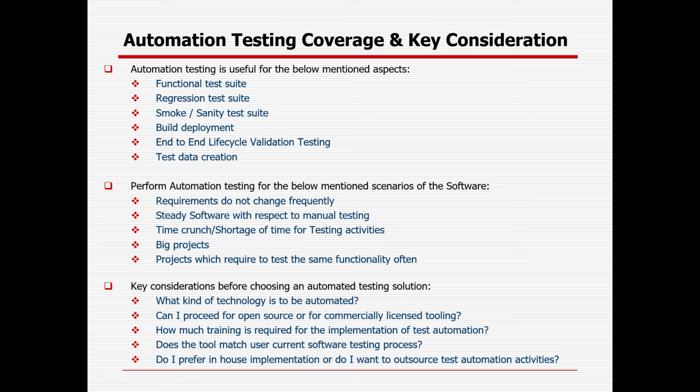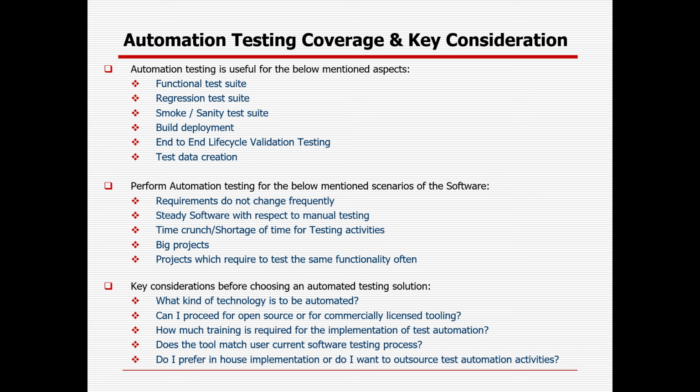And for big projects also, it is preferred to do automation testing. And for projects which require testing the same functionality often, like the smoke test suite, regression suite, the data creation part, or the end-to-end lifecycle validation testing, those are the things where automation testing needs to get much focus.